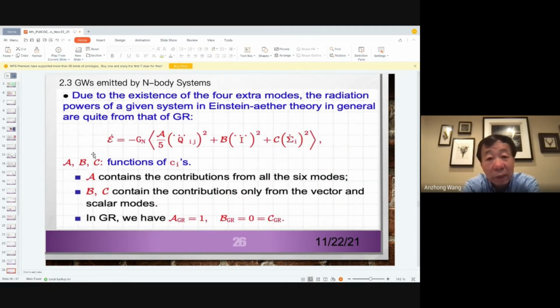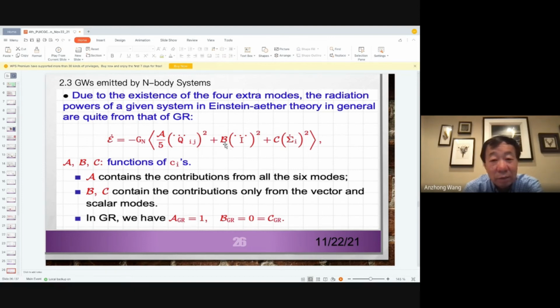After that, we consider the emission power spectrum. You can see this is the emitted power. There are 3 terms A, B, C. A, B, C are functions of the 4 parameters Ci. The A term contains all the contributions from the 6 modes, meaning scalar, vector, and tensor.